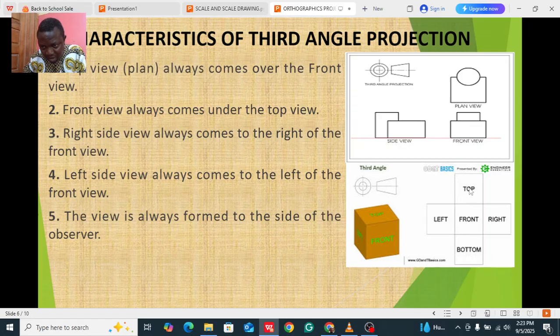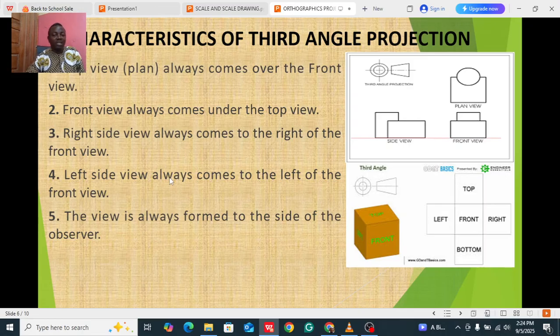The same arrangement is done here. Look at it, the top view on top, under it is the front view. Then you now have the right hand side view and left hand side view. In the case of third angle projection, your right hand side view stays on the right. That is, whatever you are seeing on the right stays on the right. For the left hand side view, whatever you are seeing on the left stays on the left.